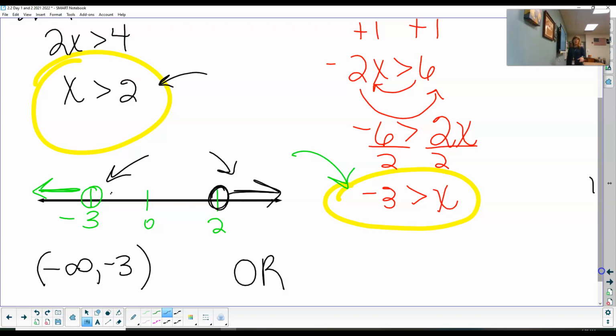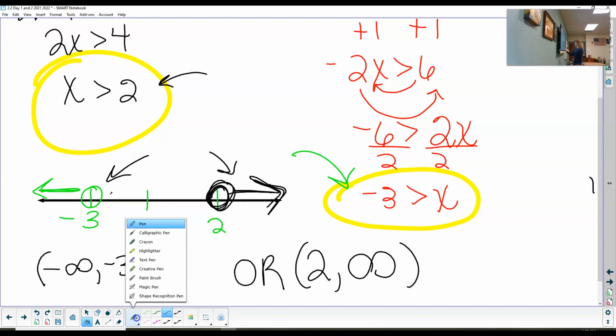Remember, this was an open dot, so I use parentheses, not brackets. And now my flip side is going to be what we just did for this part right here, and that is going to be your positive 2. And remember, there's an arrow right here, so we're going to take that all the way to infinity. So that's going to be the answer.